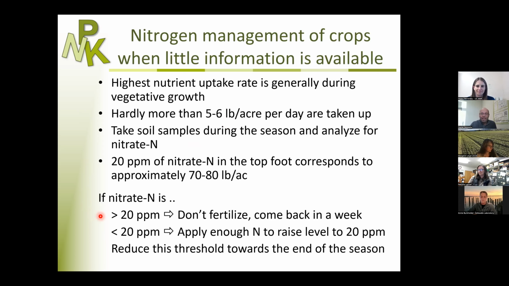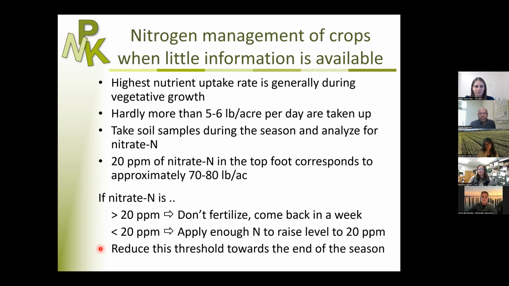If it's below 20 ppm, you may apply some nitrogen, just enough to raise the level again to 20 ppm. So if it's 10 ppm, you may want to apply half of that, 35 to 40 pounds. Then you know that lasts again for another 10 to 14 days.